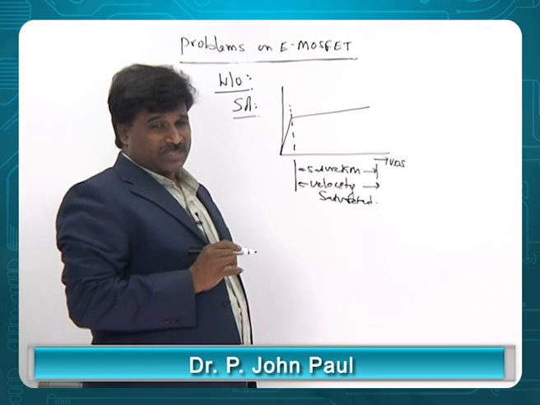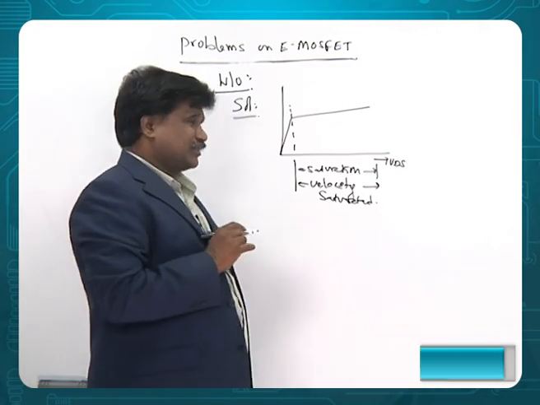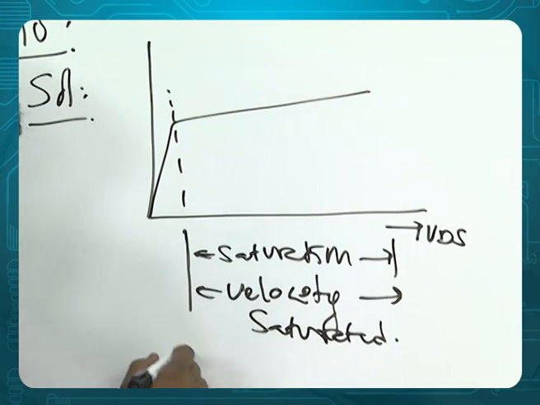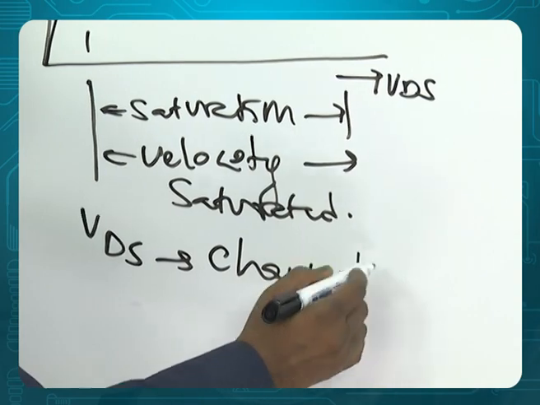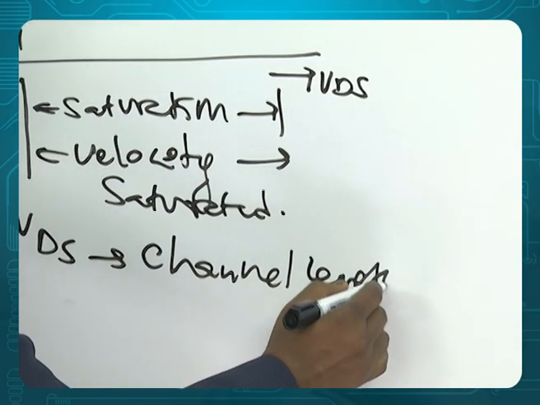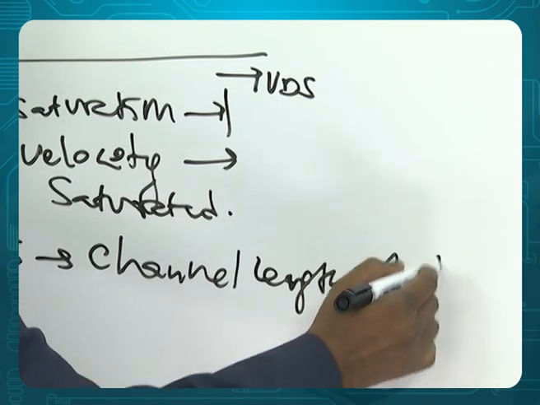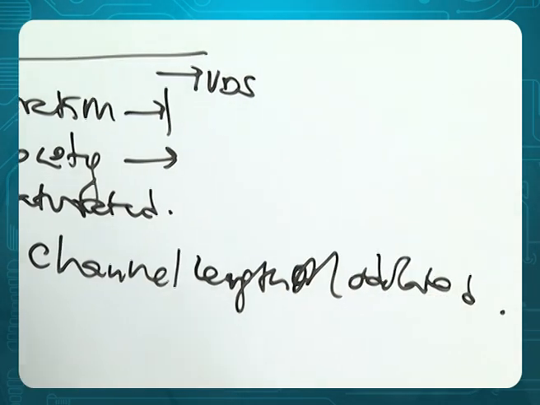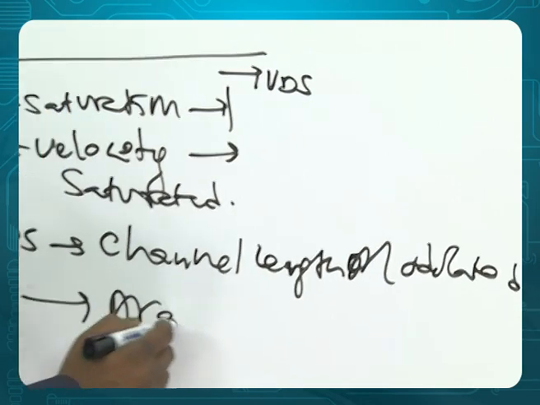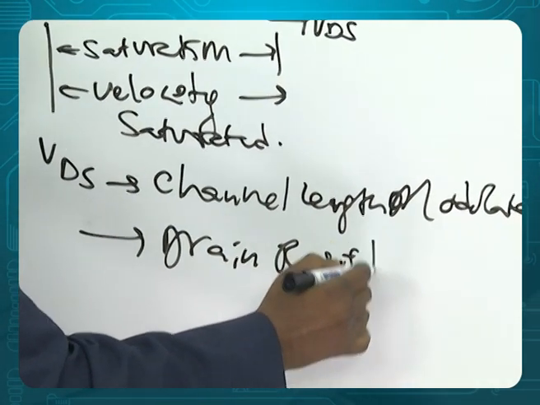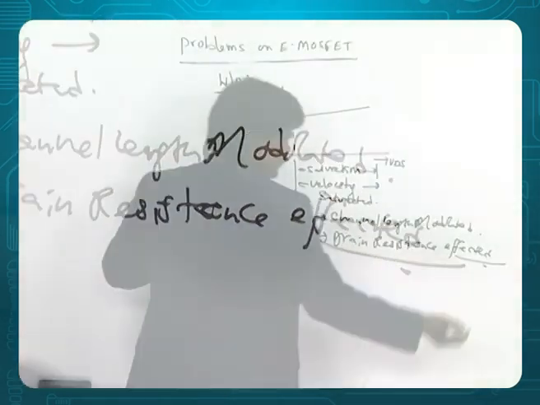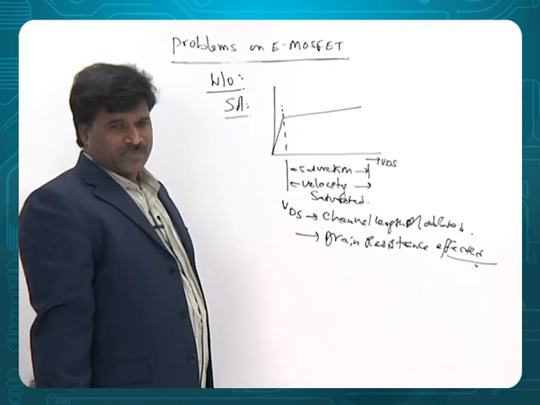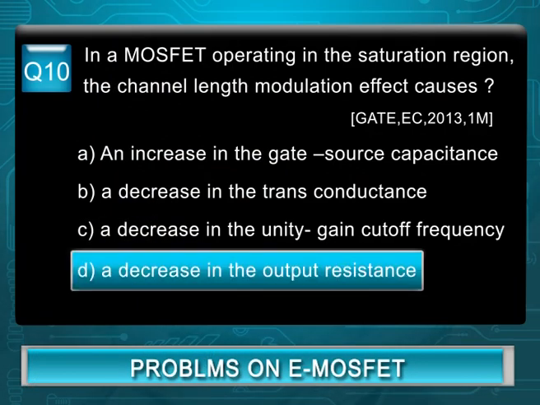Now, because of the voltage, the channel length is modulated, meaning it changes. Then finally the drain resistance is affected. That's why the option is D. That's all.